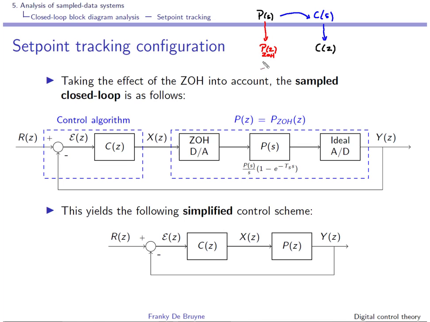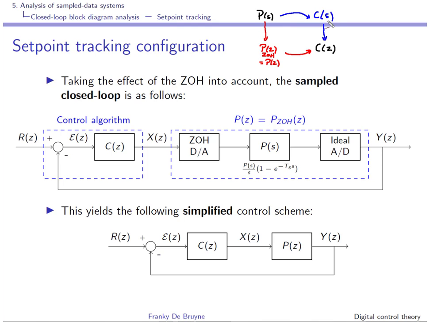Even if very often I will simply say P(z) for ease of notation. And then we do direct digital design and we end up with C(z). The advantage with the second method is that you can allow for a Ts that is in general larger than with the first approach.